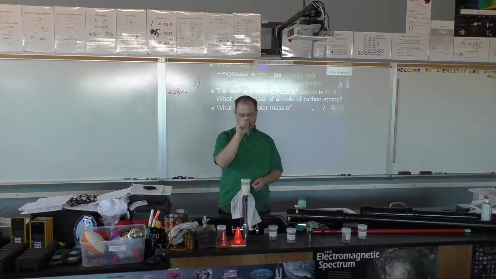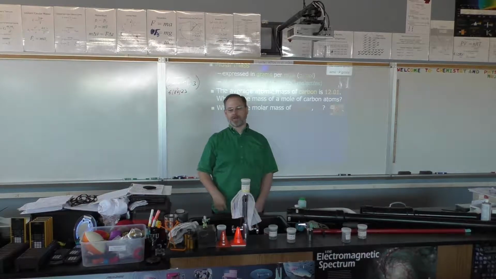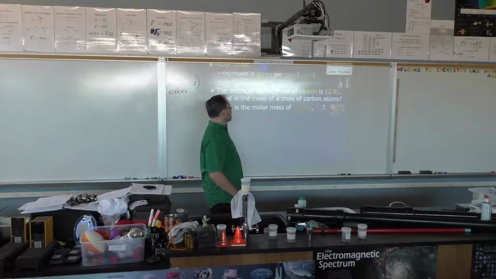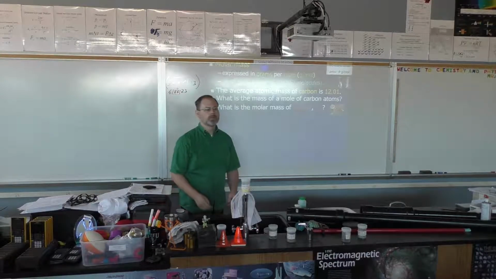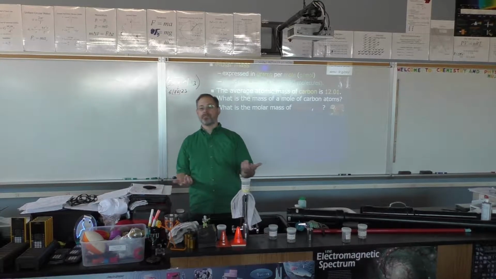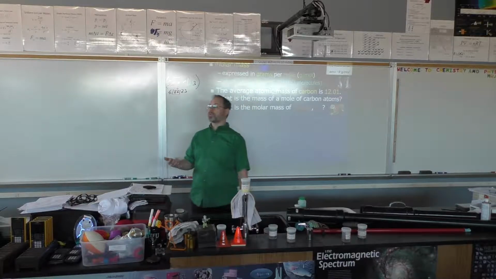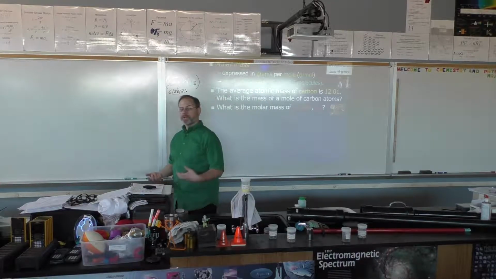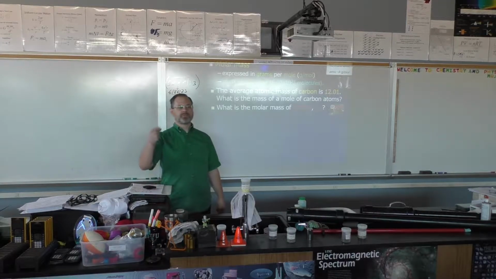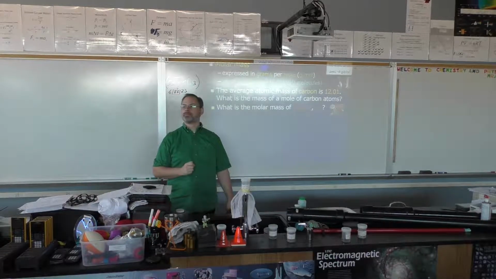You just go copper. There's copper right there. So when you find copper, what is the molar mass of copper? 63.55. So that means 1 mole of copper is going to weigh 63.55 grams. If you're looking at atoms, it's very simple. You just find the box, read the number.